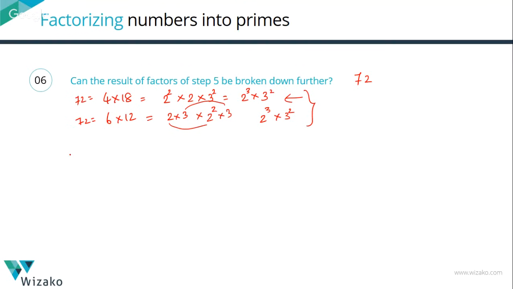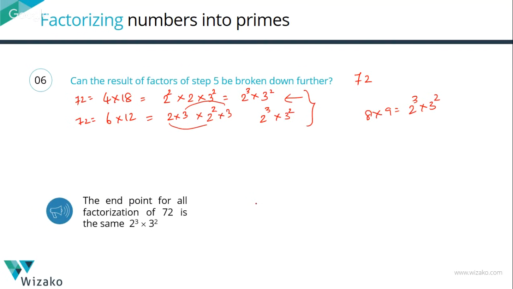But any one of these different ways that we wrote, if you prime factorized it, we wrote it as 8 into 9. 8 into 9 is nothing but 2 cube into 3 square. It's the same thing. So you can express a number as a product of two factors in multiple ways. But when you finally break them down all to prime factors, the prime factorization of 72 is going to be the same single answer, irrespective of what your intermediate step was. It is going to be 2 cube into 3 square.